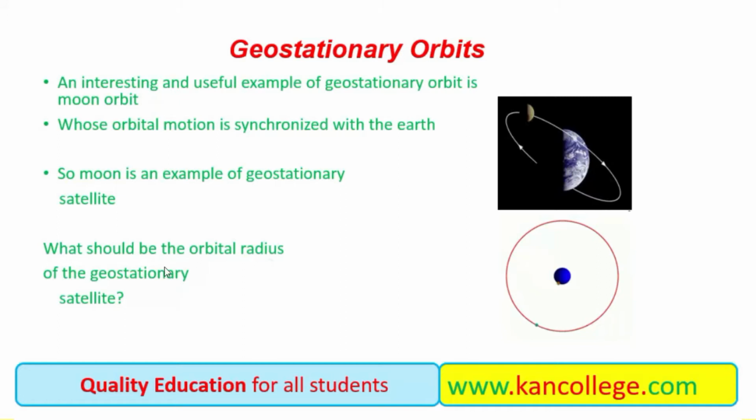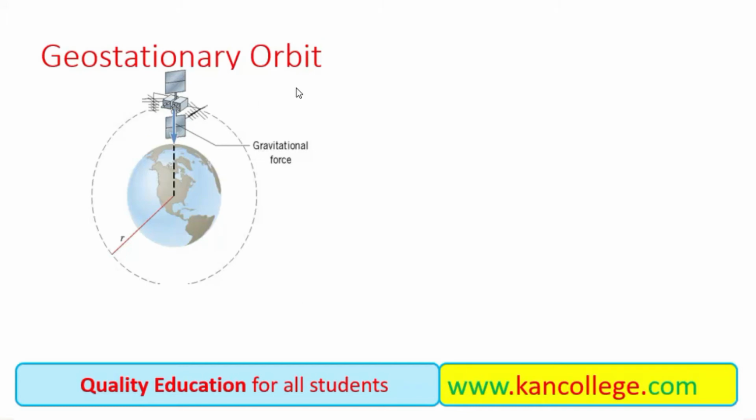What should be the orbital radius of the geostationary satellite? The parameters to evaluate the geostationary satellite orbital radius are the time required to complete one revolution. We use the following description.